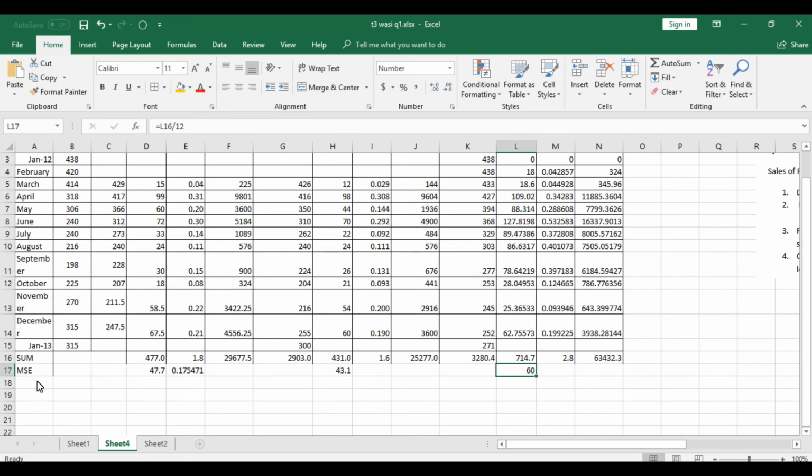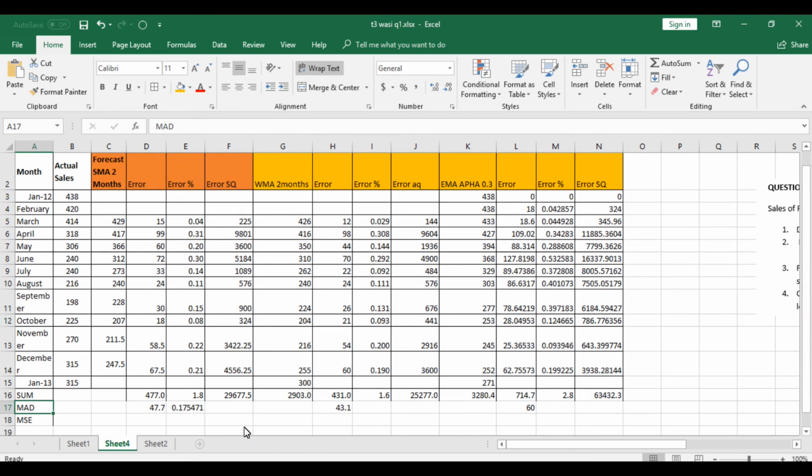Next we have to find MAD. The formula for MAD is equal to sum of forecast error. I'm sorry, this one is MAD, not MSE, and this one is MSE. So the formula for MAD is equal to sum of error divided by n.